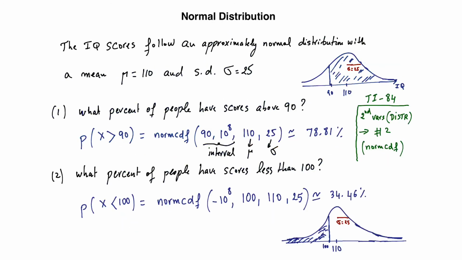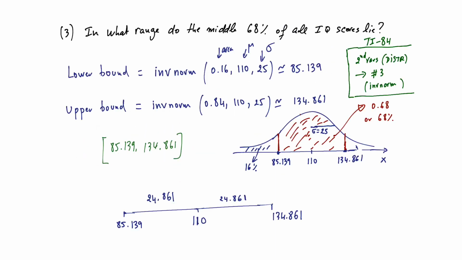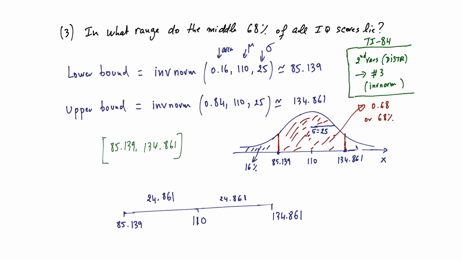How? You go to norm CDF and write the interval you just found, 85.139, 134.861, mu, sigma, and see if you get 68%. Because if you don't get 68%, it means you made a mistake with either this one, or that one, or both. Make sense?